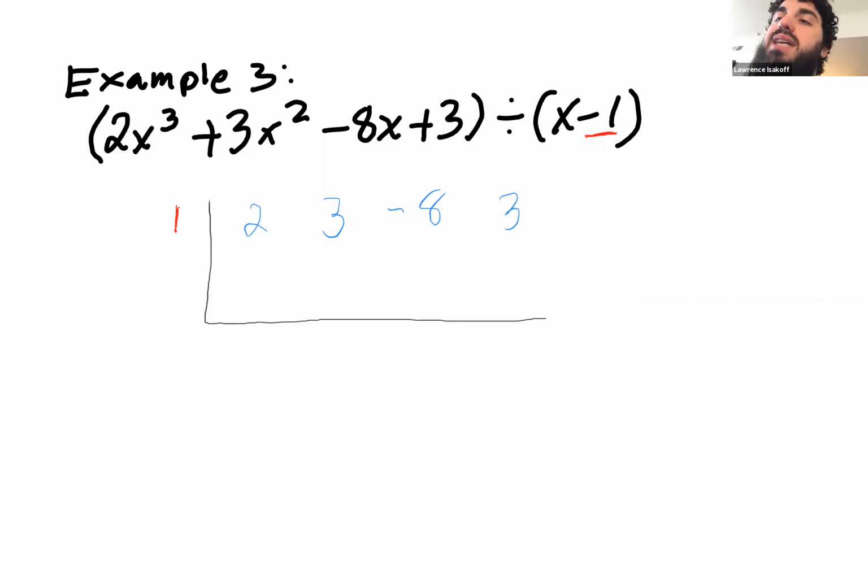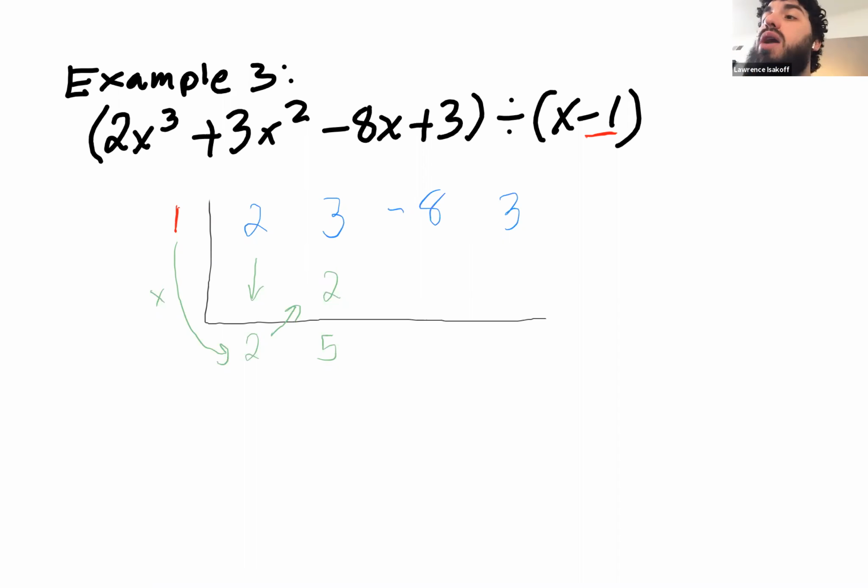Start with bringing down the 2. Now we're multiplying. 1 times 2 is 2. 3 plus 2 is 5.